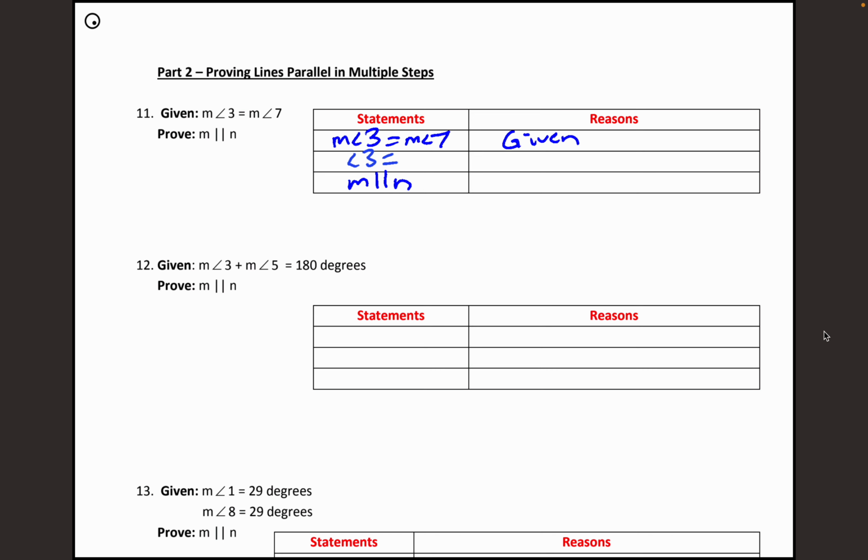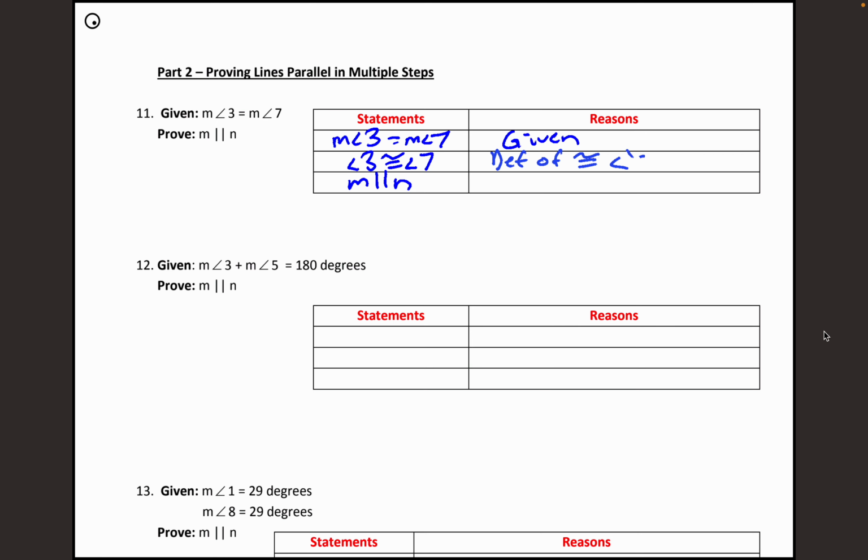But does anyone know what my reason would be for this one? We're not at that yet. When two angles are equal, but we change them to congruent, we talked about this last week. What was our reason for that? Definition of congruent angles.